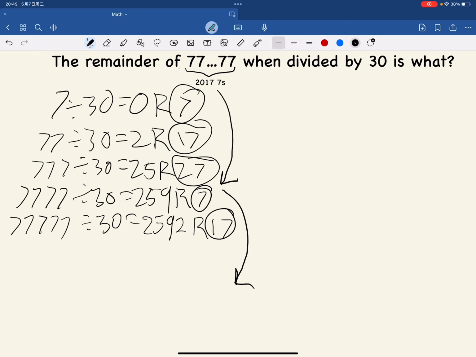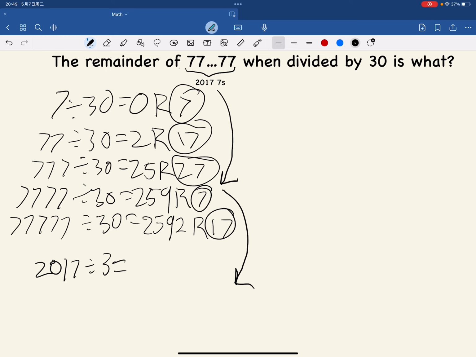So now, since we know 3 numbers is a loop, we can divide 2017 by 3, and we'll get the answer of something. But then the quotient isn't really important to us because we only need to know the remainder of it divided by 30.